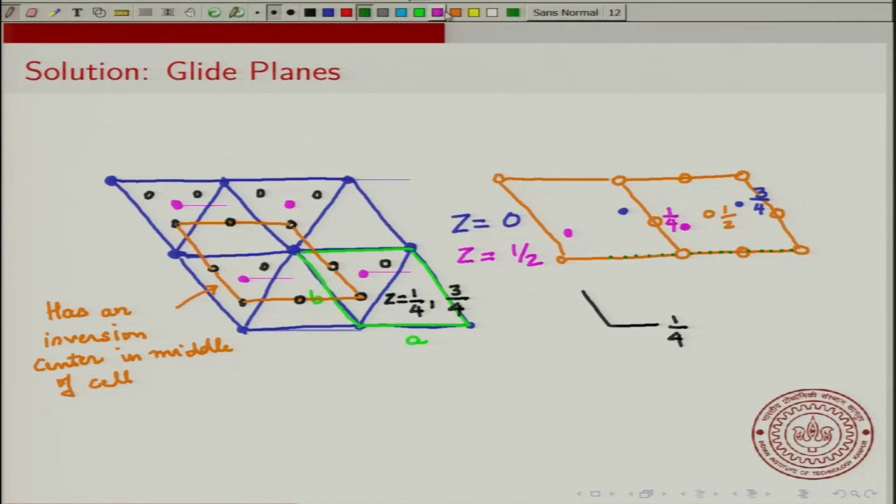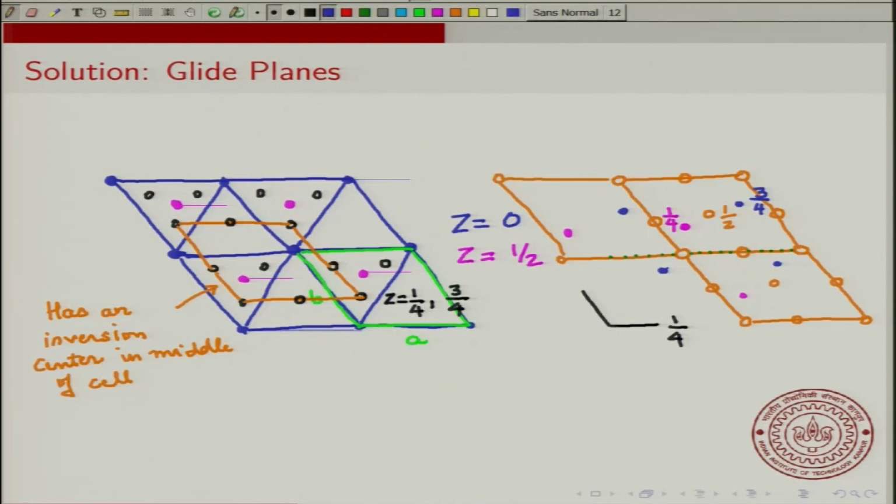This will be seen more clearly if I extend this cell. So, let me extend it in this direction. Okay.